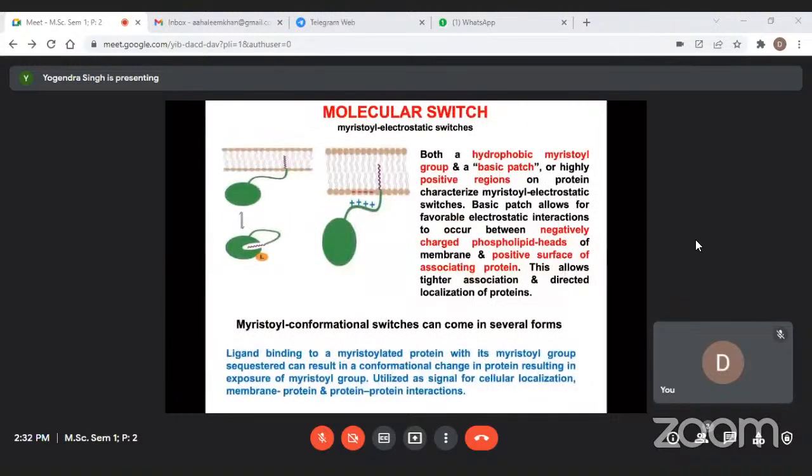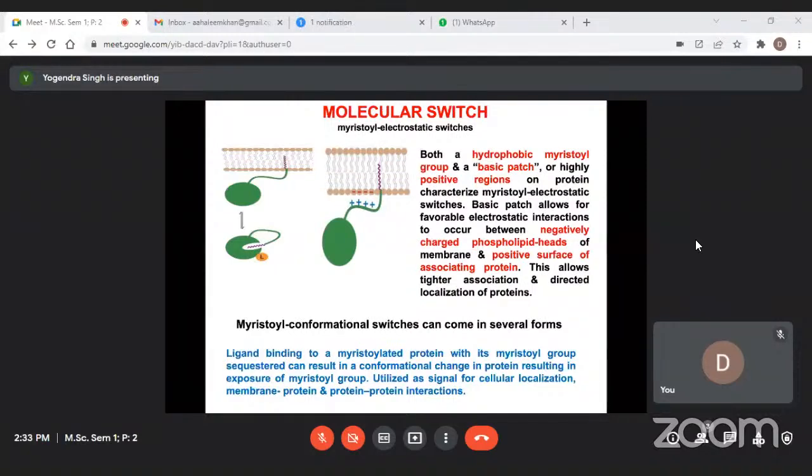I'm showing you a very great example. For example, if you have to turn on an electric light in your room, you just switch it on and off. This lipidation or addition of a fatty acid to the protein works like that, on and off.